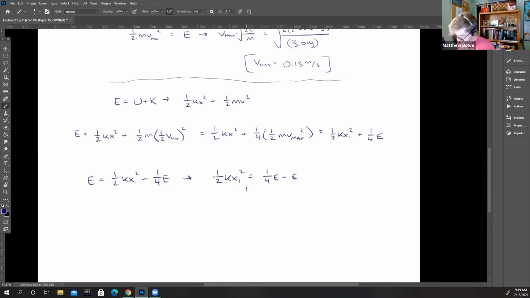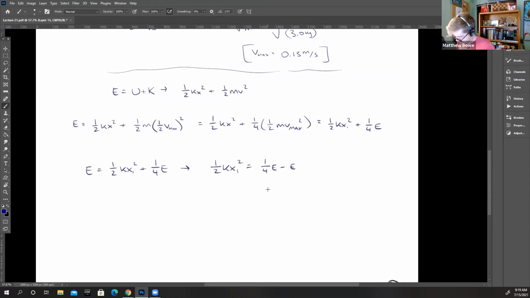So at this point, we have a way to solve for x. I'm going to just jump straight down to it.